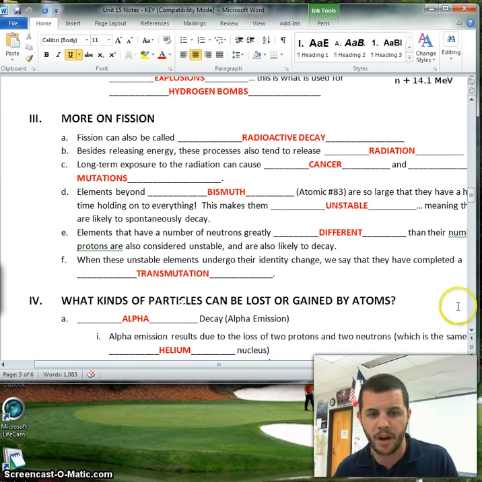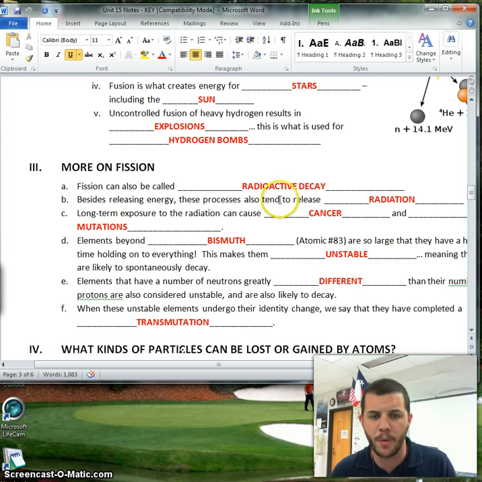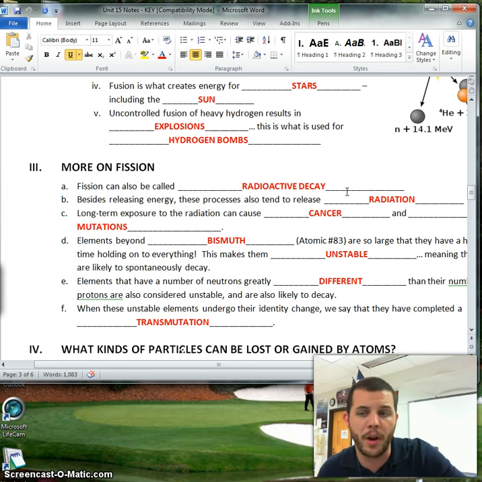A little bit more on fission. Just briefly, it says fission can also be called radioactive decay. It can release radiation, which can cause cancer and mutation. Okay, any element that is beyond number 83 on the periodic table, which is bismuth, is large and therefore unstable.